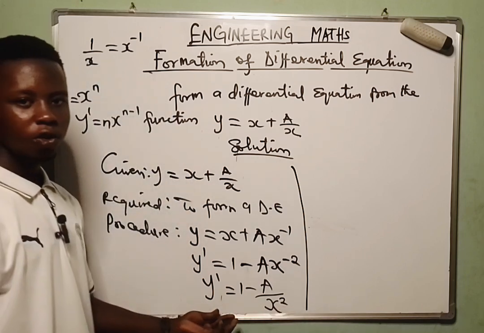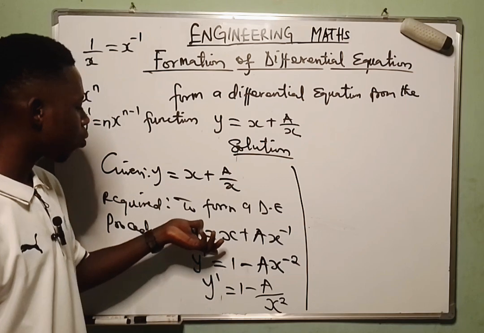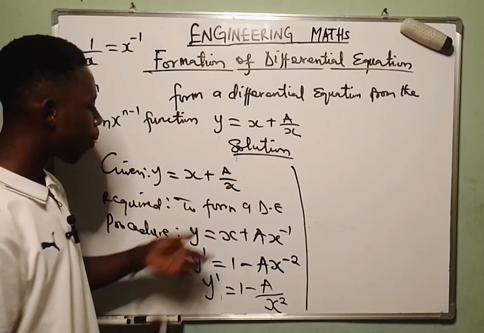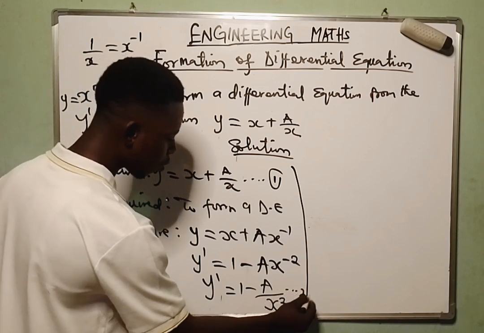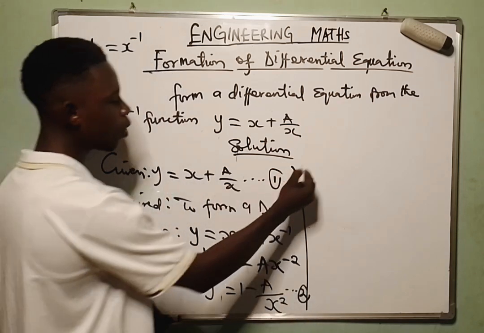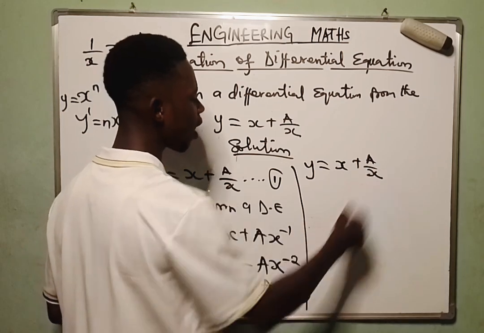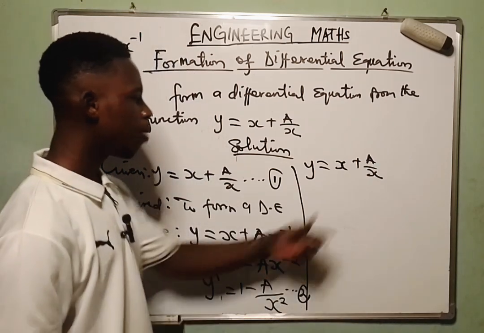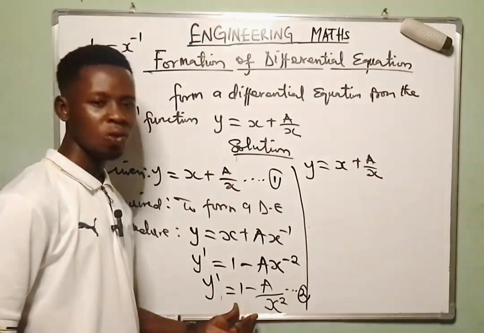I'm sure you are not confused on this. Now for us to move further, we have to go back to the function, which is equation 1, and this is our equation 2. We have to go back to equation 1, which is y equal to x plus a over x, and make a the subject of the formula, so that we can come down to equation 2 and substitute.